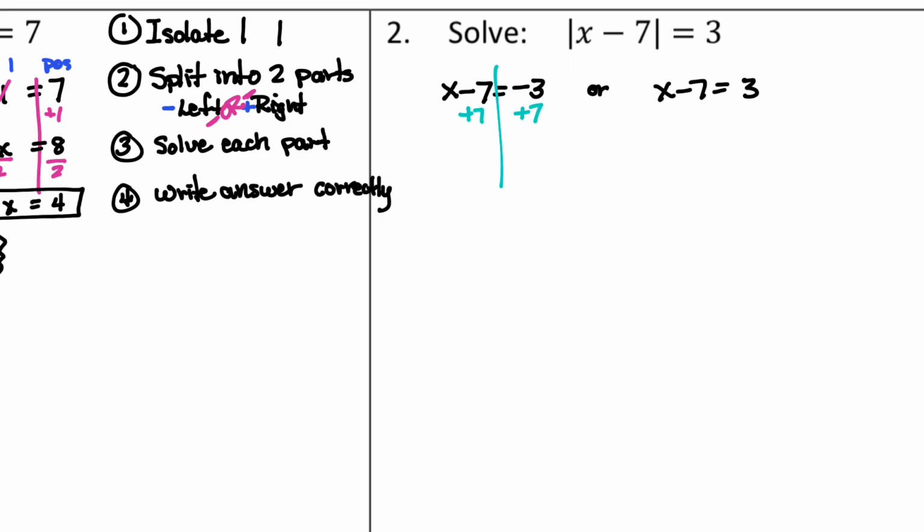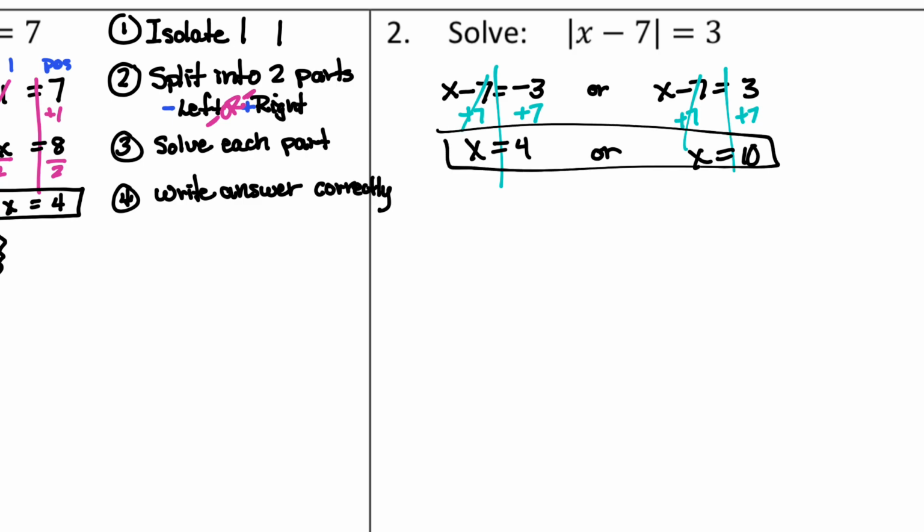So add 7 to both sides here. We get x is equal to 4. And add 7 to both sides here. And you get x is equal to 10. Bring your "or" down, and that's your answer. Or you can write it in set notation.